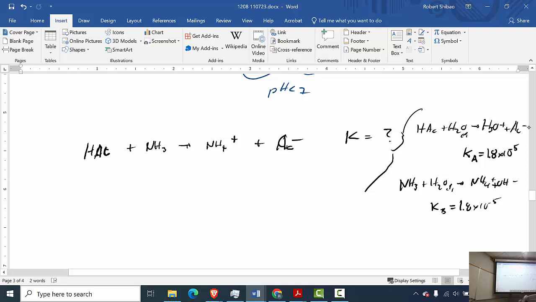Maybe I should do the Ka first and then do the Kb? How it works is if I do the Ka first, I'm going to generate hydronium. And then if I do the Kb, I'll generate hydroxide. And then I'll try to neutralize the hydronium with the hydroxide, but that's going to screw up the equilibrium if I neutralize the hydronium and hydroxide.